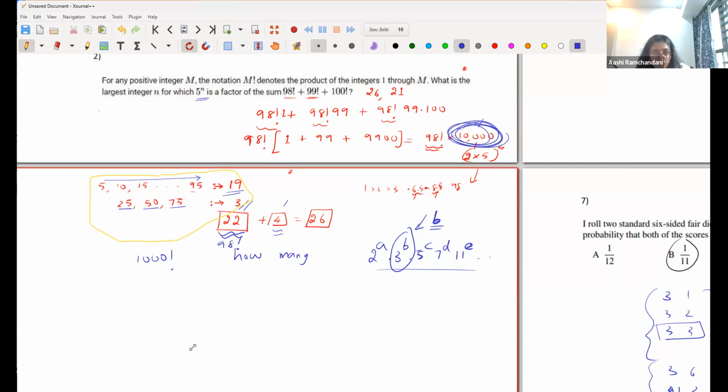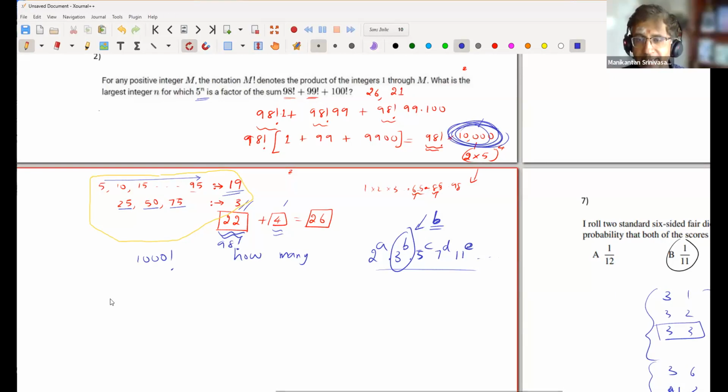So we're finding out how many prime factors. I'm asking what is the power of 3? Oh, 3. Okay, got it.